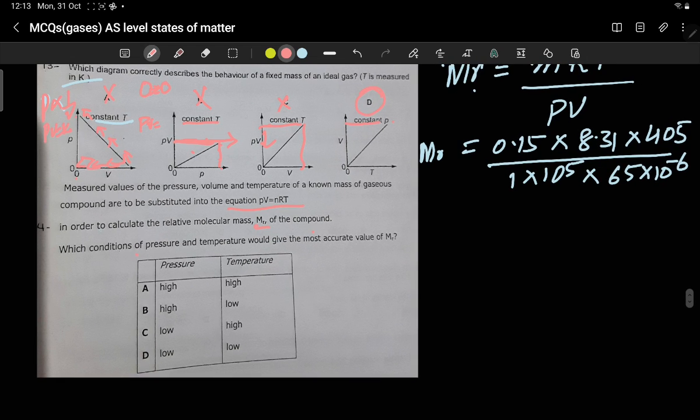These are the graphs for this question. And question number 14, in order to calculate the relative molecular mass Mr of the compound, which conditions of pressure and temperature would give the most accurate value of Mr?